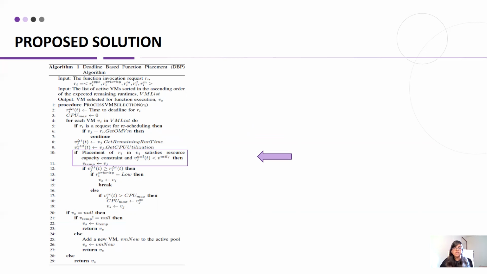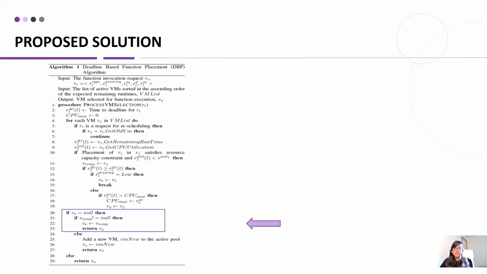If these requirements are met, then a VM is chosen for execution of that particular function if the expected remaining time of the VM is greater than the time to deadline for the request, and the request bears a low level of priority. In case it's a high priority request, we choose the VM with the highest free CPU resources out of the VMs matching the above criteria.